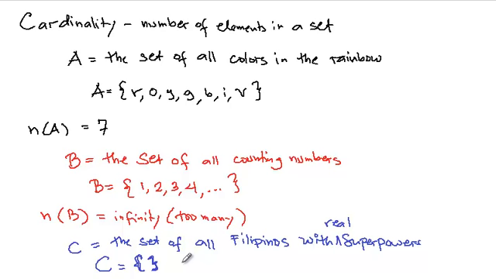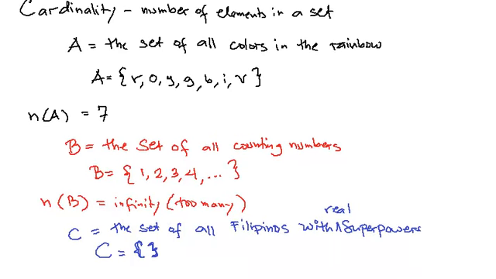So, pila may cardinality ani nga set? Cardinality of set C is equal to, answer will be 0. There's no element in set C. Wala siya sulod. Okay?